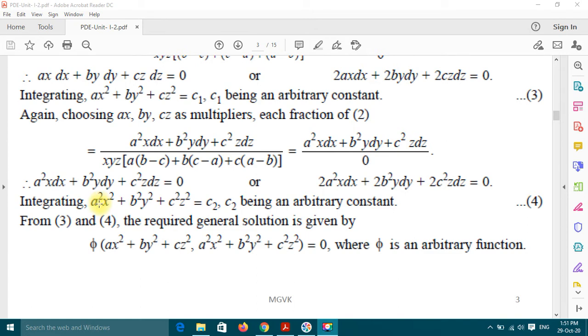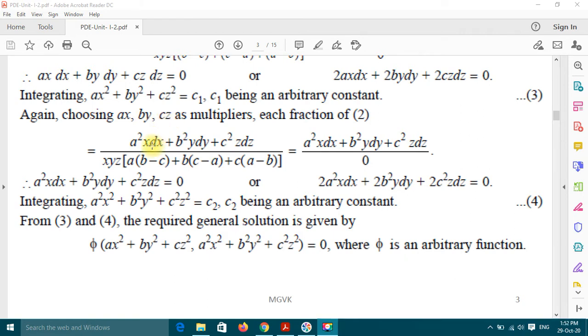Now we are trying to find the other solution of the given differential equation. So we again choose ax, by and cz as multipliers. In the first fraction we multiply ax, in the second fraction we multiply by, in the third fraction we multiply cz, and then add.